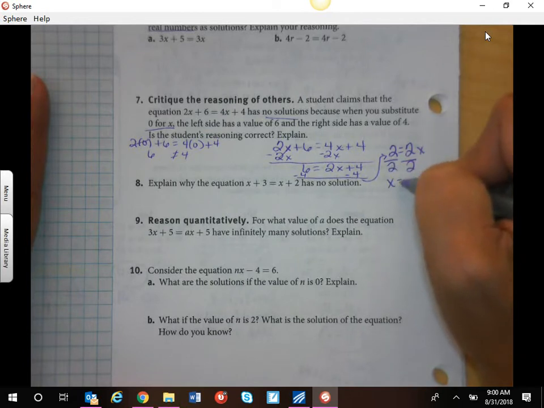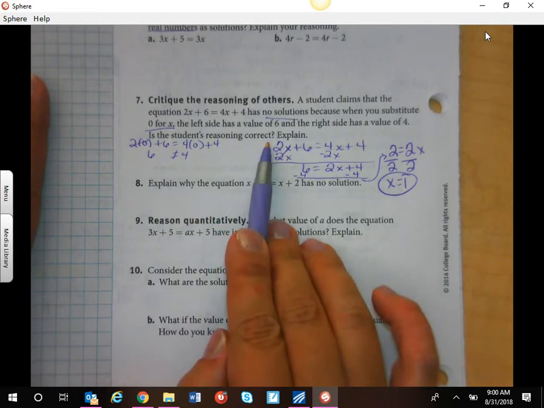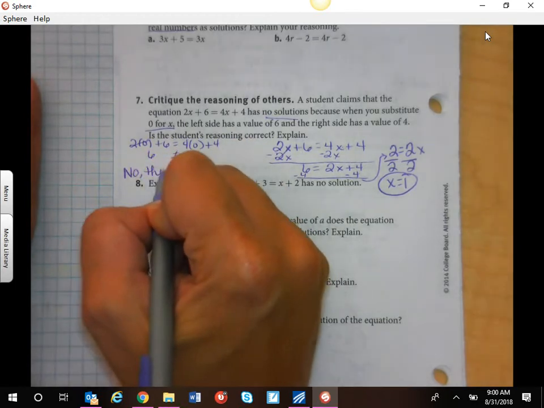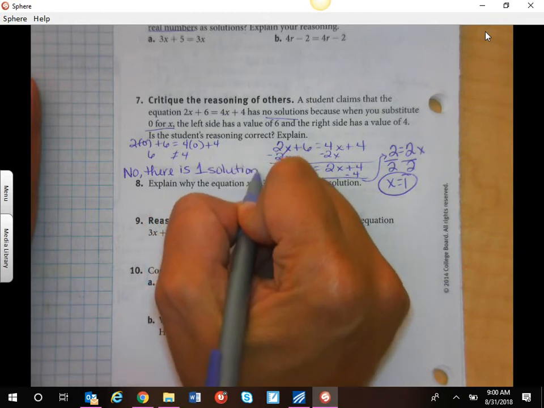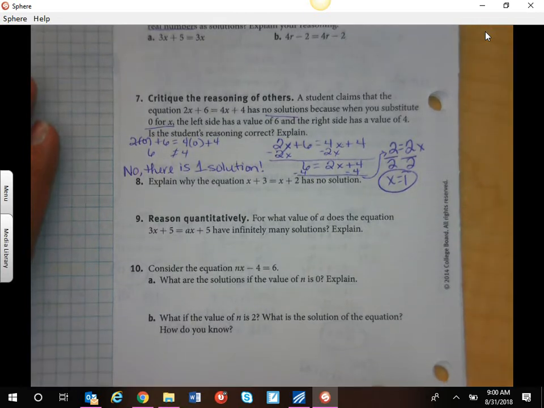Well, x equals 1. So is the reasoning correct that there is no solution? Well, no. There is only one solution. So just because one value doesn't work doesn't mean another value won't work.